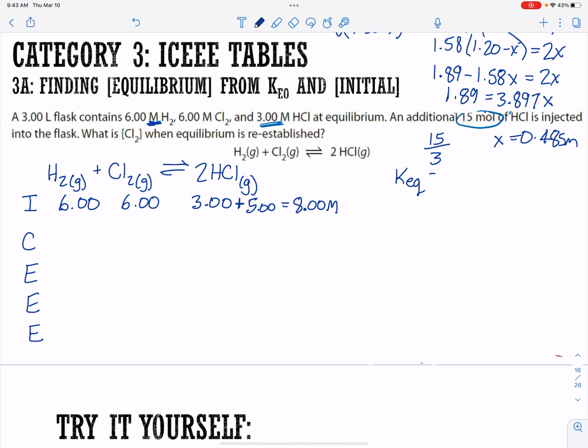So Keq is equal to our products over reactants. So remember, when you're doing a Keq calculation, you always have to have everything at equilibrium.